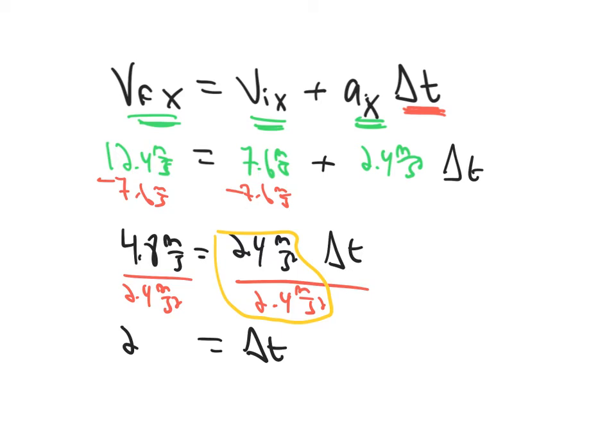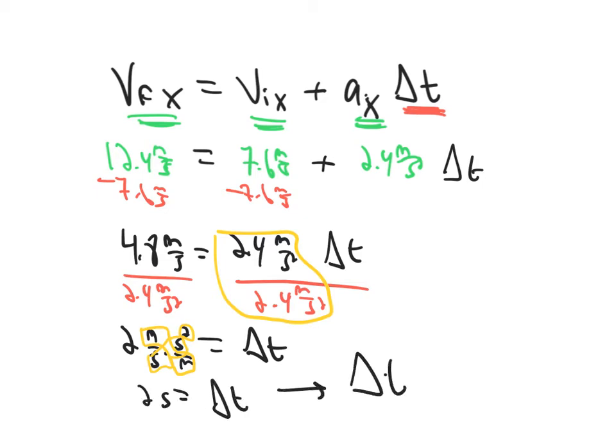And meters per second over meters per second squared, well, we divide by flipping and multiplying, and then again we see that this is 1, and all but one of those is 1, so we're left with 2 seconds equals delta t. A lot of people get freaked out by reading it that way. Delta t, the time we wanted, was 2 seconds. We just flip it by reflexive property.